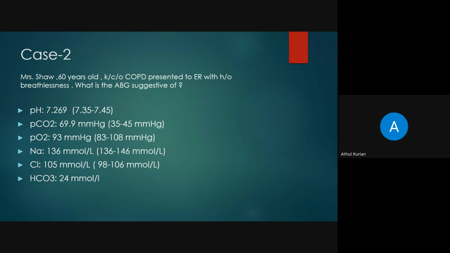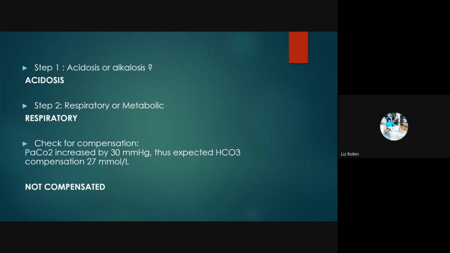First of all, pH is 7.26, so it's acidosis, and then we look at PCO2 and bicarb. Clearly PCO2 is on the higher side, around 70, so it goes with respiratory acidosis, and it is not compensated. Okay. So what was your expected compensation? Did you happen to calculate by any chance? No, I couldn't calculate. Okay, fine. Let's go ahead.